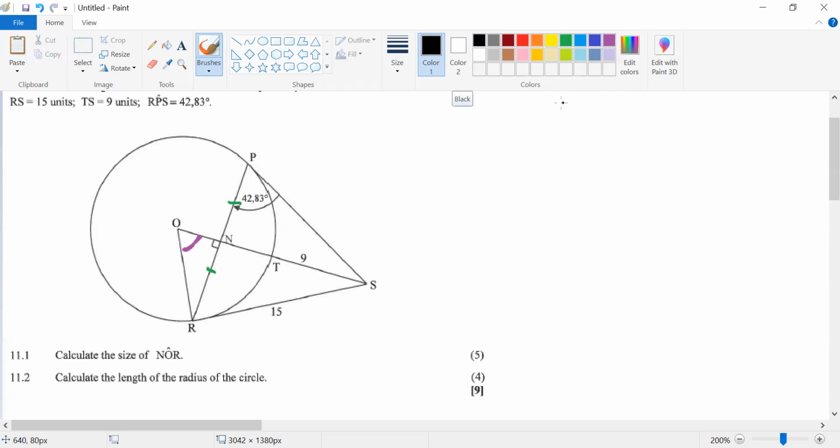So we said in the question, we have tangents and we have a line from center. All right, so I don't think we're going to use line from center for this question that much. But can you use anything linking to tangents to solve this? Yes. All right, so how are you going to approach it?